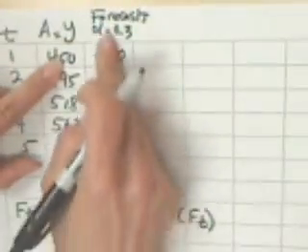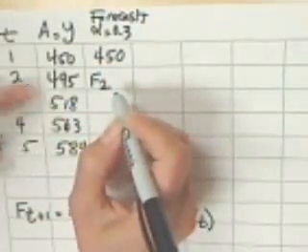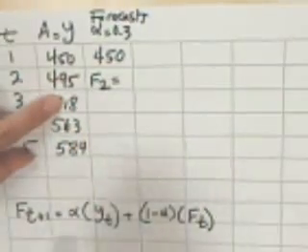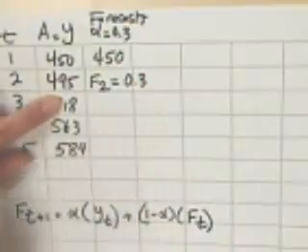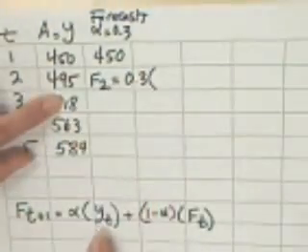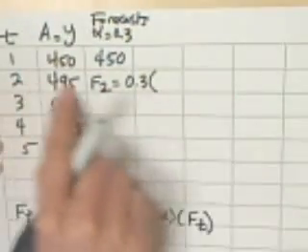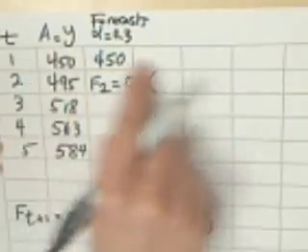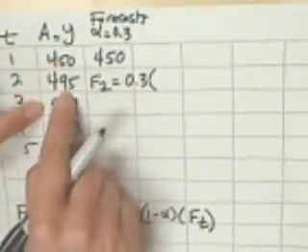So to make the forecast for time period 2, this is how I compute it. I take my alpha, which is 0.3 for this problem, multiplied by the actual for the time period that I'm in. Right now, I'm in time period 1, and I'm making the forecast for time period 2.